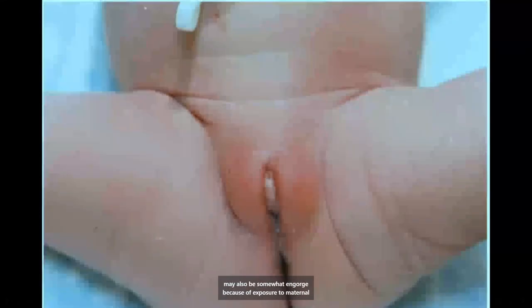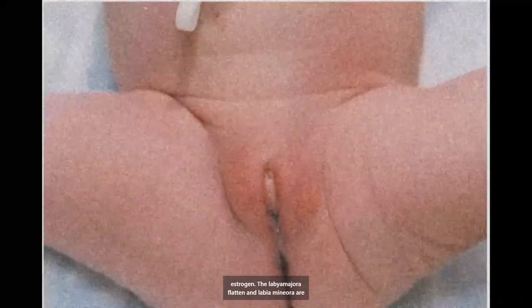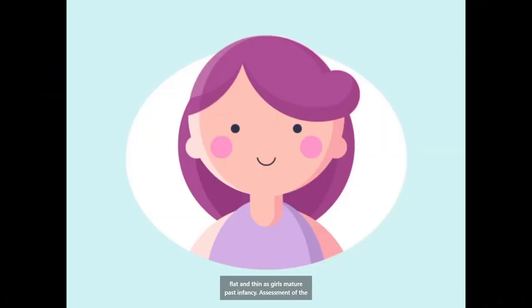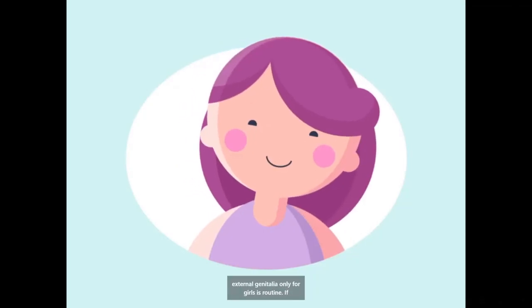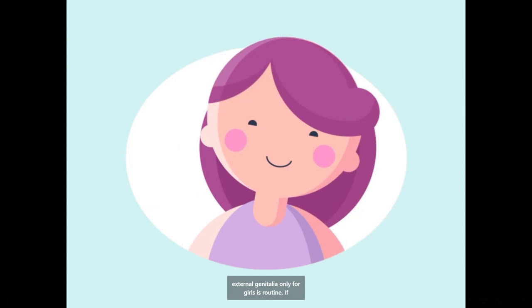The external genitalia of the newborn girl may also be somewhat engorged because of exposure to maternal estrogen. The labia majora are flattened, and the labia minora are flat and thin as girls mature past infancy. Assessment of the external genitalia only for girls is routine.